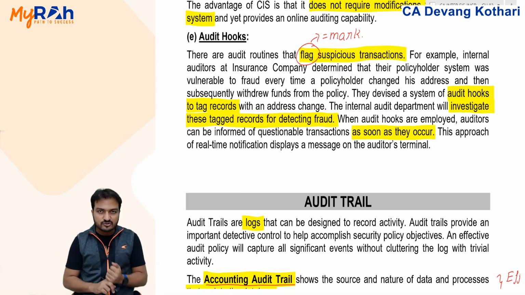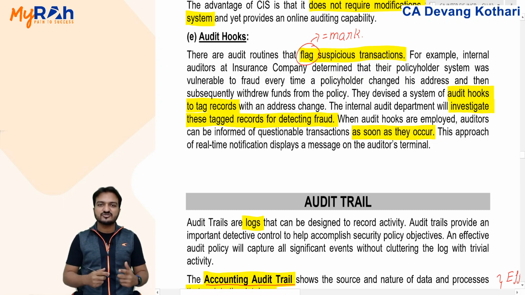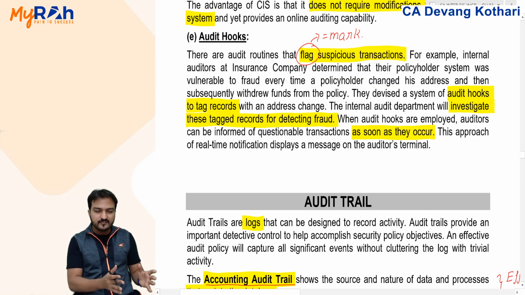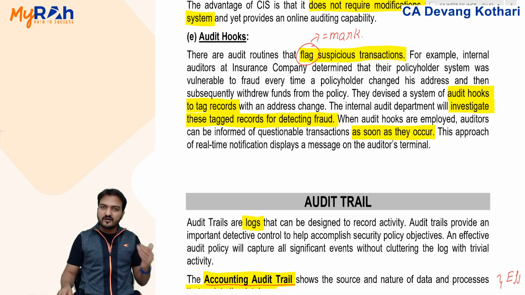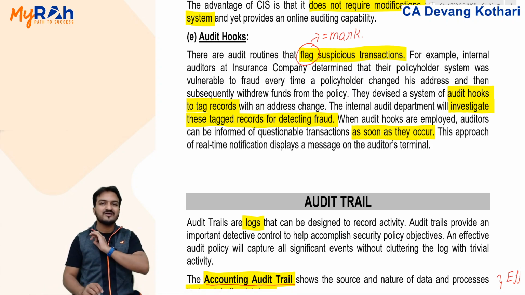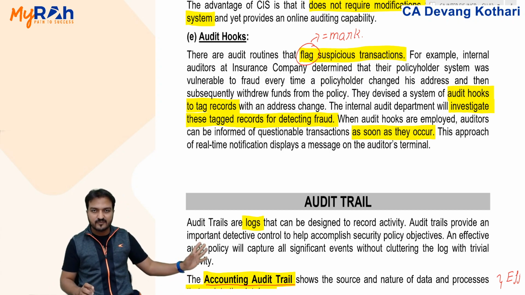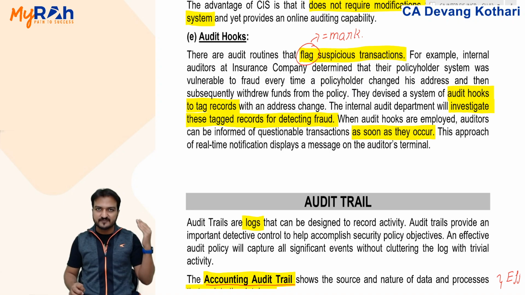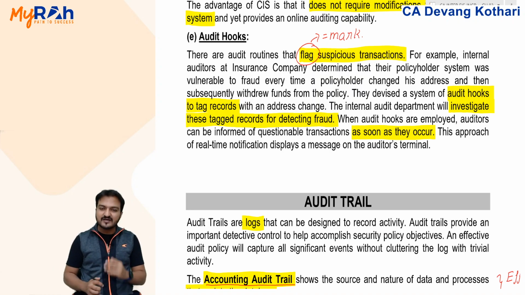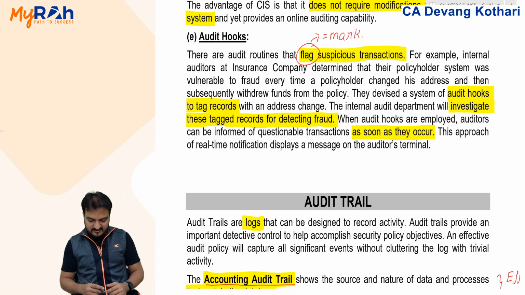This does not mean that all the address change transactions are fraud, but if I found fraud in one of the address change transactions, then the audit hook software will flag all the address change transactions. Flag means just mark. Auditor will come and check these transactions. Okay, so these are the softwares that are used by the auditors.